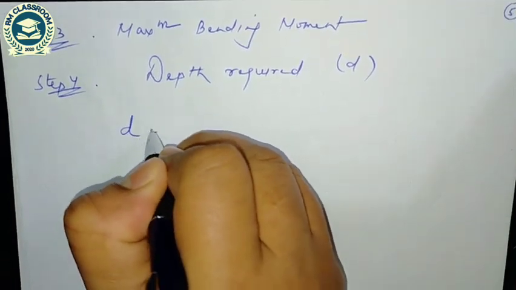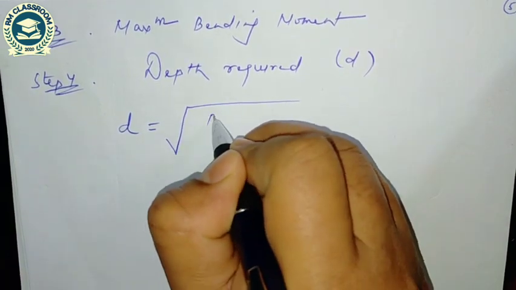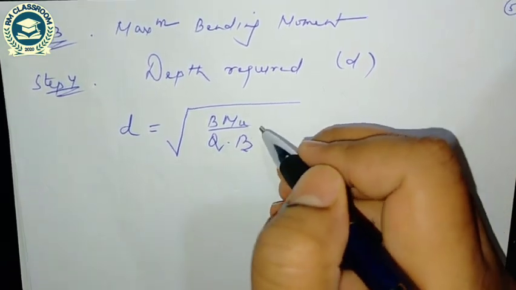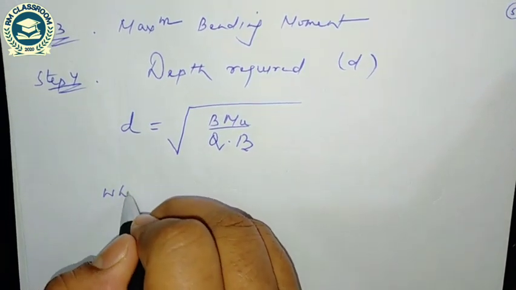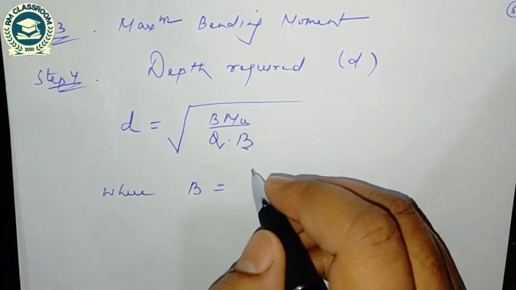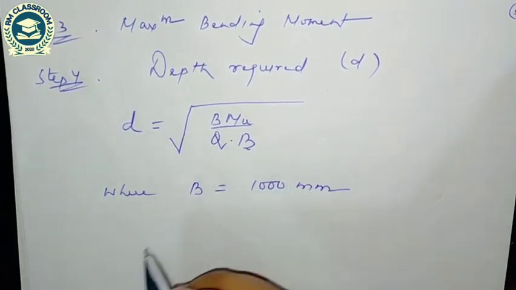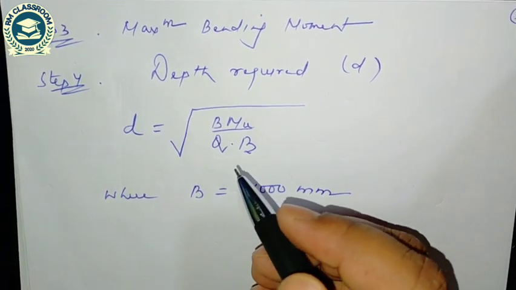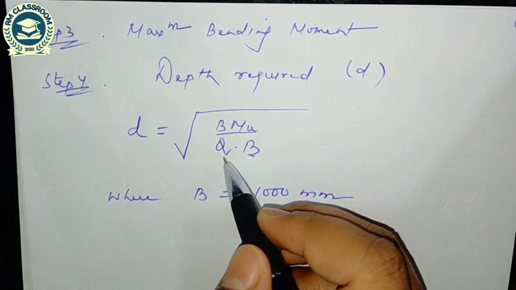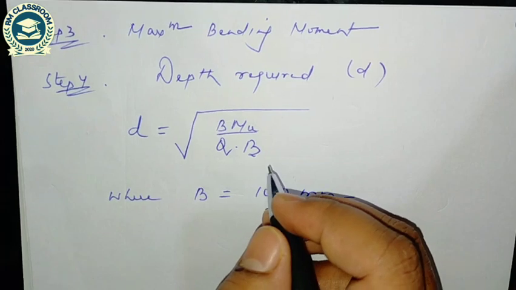We know, similar to what we computed in the beam, the depth is the square root of bending moment divided by Q into B. Here B is 1 for 1 meter design; the slab is designed for 1 meter width, so B is equal to 1000 mm, and Q is the bending moment coefficient that depends on the different grade of steel. I have already discussed, that is 0.148, 0.138 and 0.133 fck.